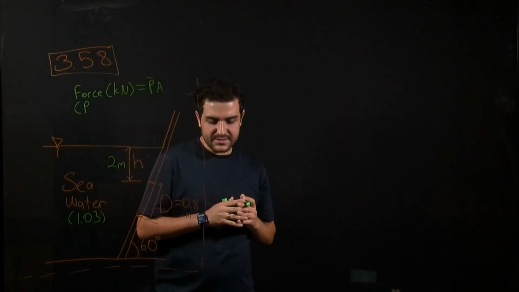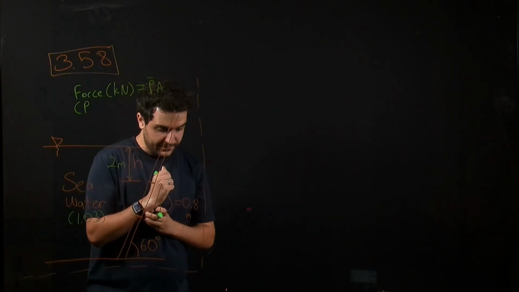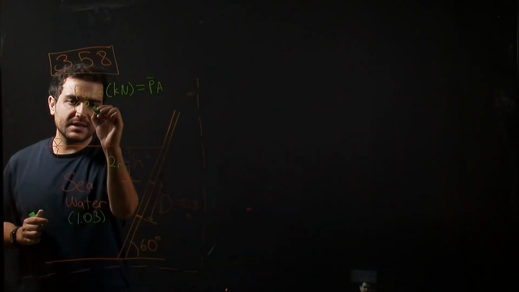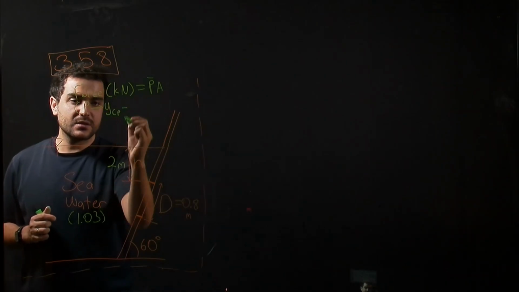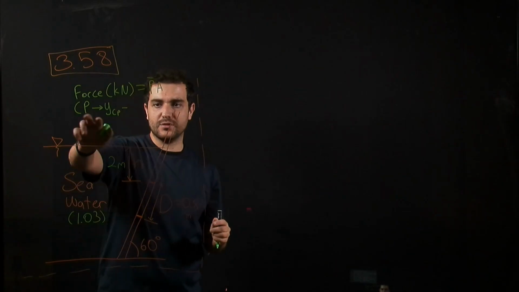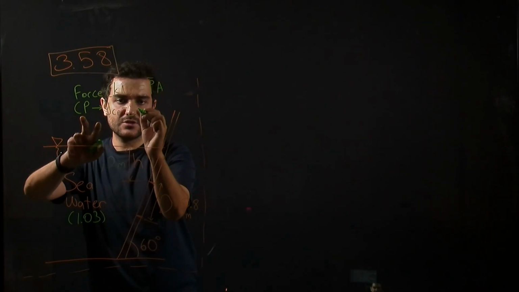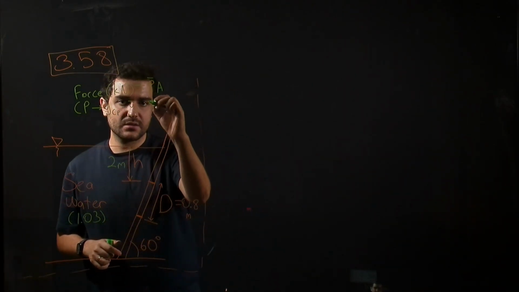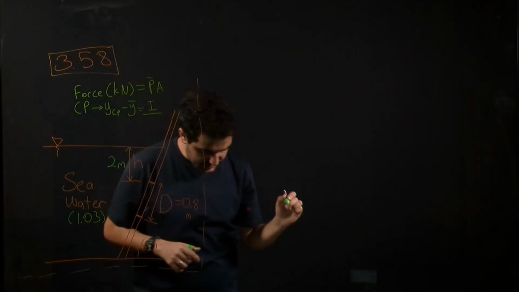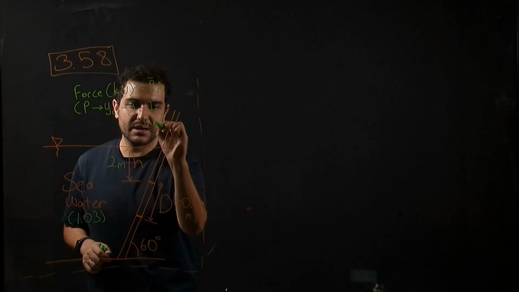And we need to find the distance between the centroid and center of pressure. To do that, we will use this equation: the height of center of pressure minus centroid is equal to inertia over centroid times area.